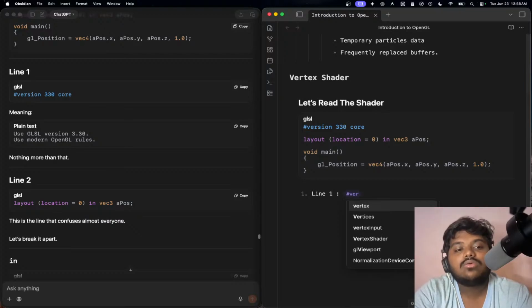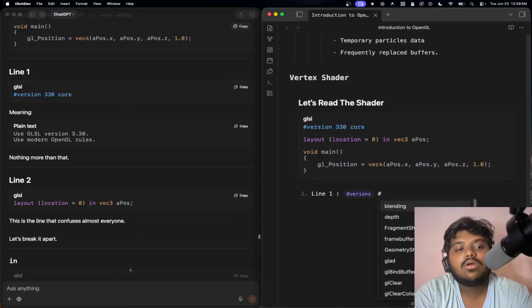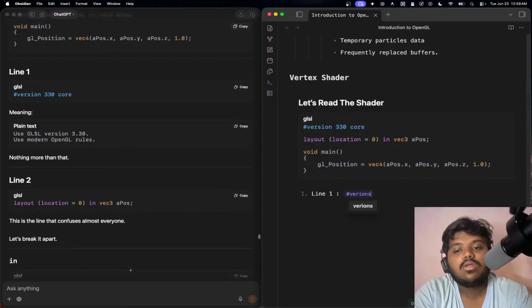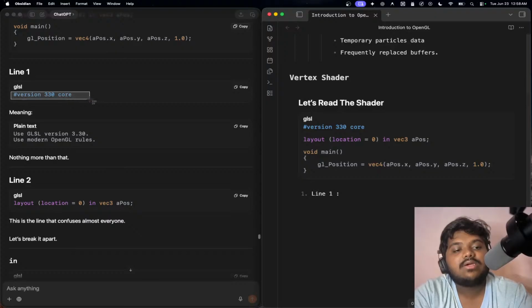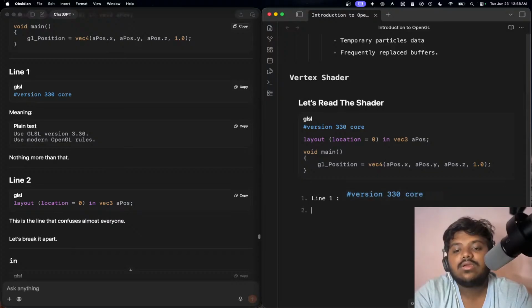I don't know how to write it down, but I think I can take a screenshot of it, which in that case I can't actually write it, so this is the only way I can use it.